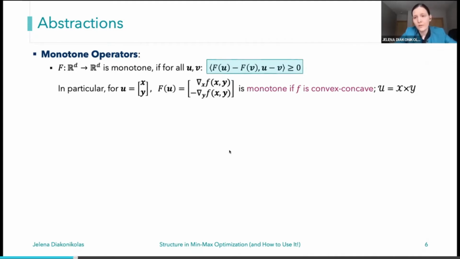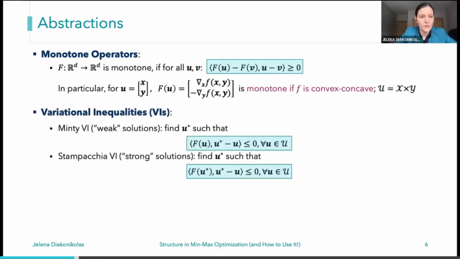Now, for monotone operators, there is lots of literature on different types of problems that people look at. One of them are variational inequalities, for which there are two main types of problems known as Minty variational inequalities and Stampacchia variational inequalities. Their corresponding solutions are known as weak and strong.